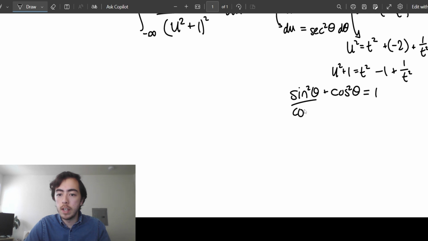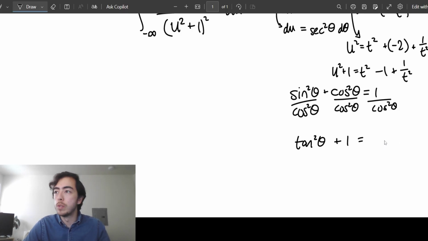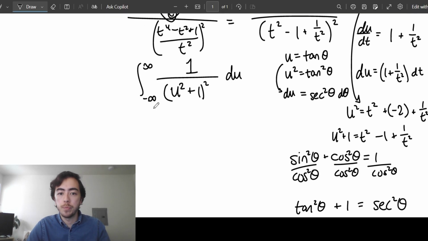So if I divide everything by cosine squared, then I should get a tangent somewhere in this new identity. So we do get tangent squared theta here. We get plus a 1 because it's the same thing on the top and bottom. And then 1 over cosine squared, I could just use the reciprocal function there, which would be secant. So I could do secant squared theta like that.